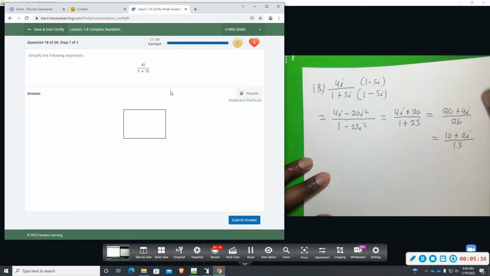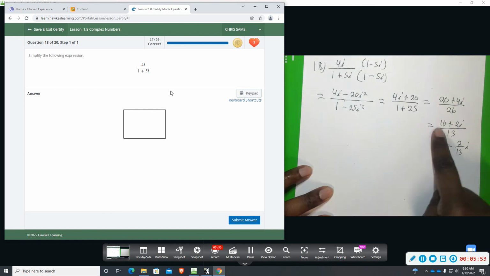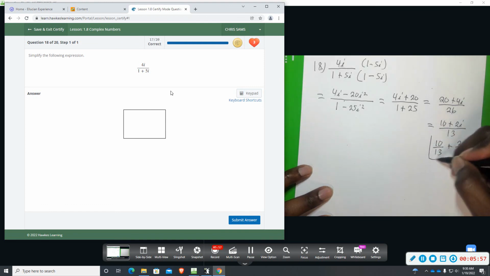Now, if they wanted you to write this in standard form, the a plus bi, the real number part, you would do 10 over 13 separately. And then the imaginary part, you would do 2 over 13 and the i. I think they will accept either one. I'm going to write it in the a plus bi form.